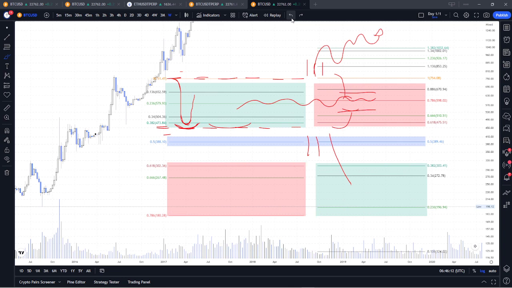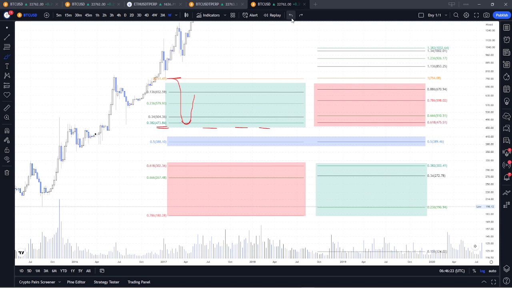So, this was a brief explanation about how to use the two maker Fibs to trade price action, a range, a micro range, a macro range, a local top, a local bottom, sorry, and local top. That's it.